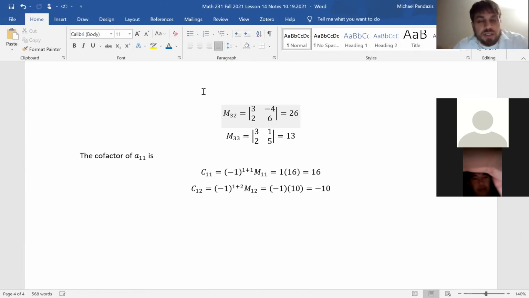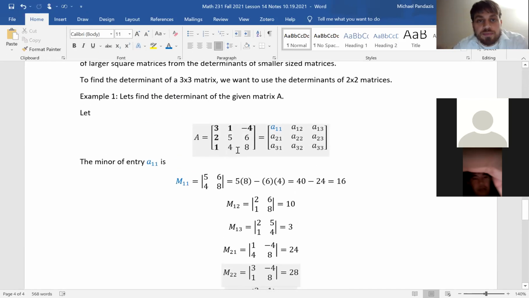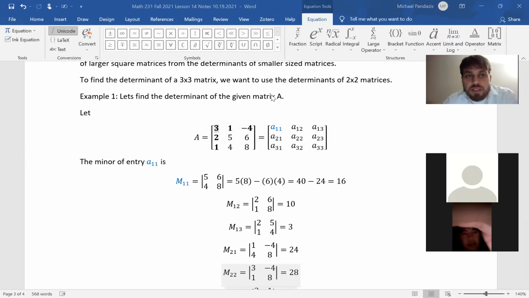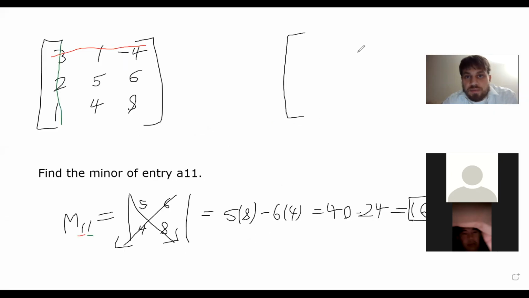Now, as a shortcut, I need to go to the whiteboard for a second. If you look at the original matrix, C sub 1,1 had a negative 1 squared, which is positive, and C sub 1,2 had a negative 1, which is negative.